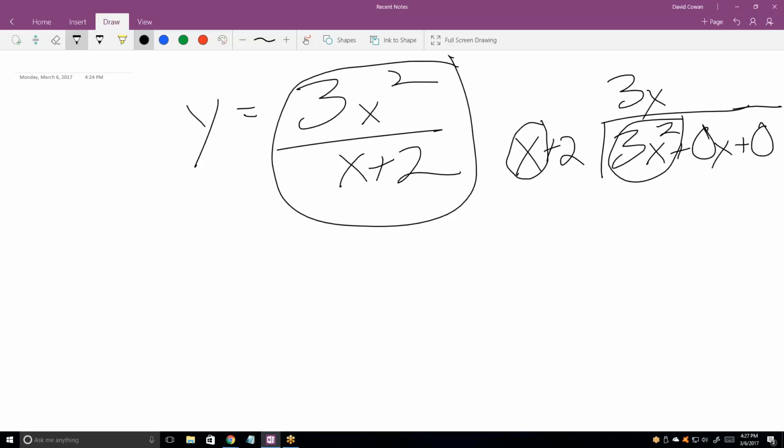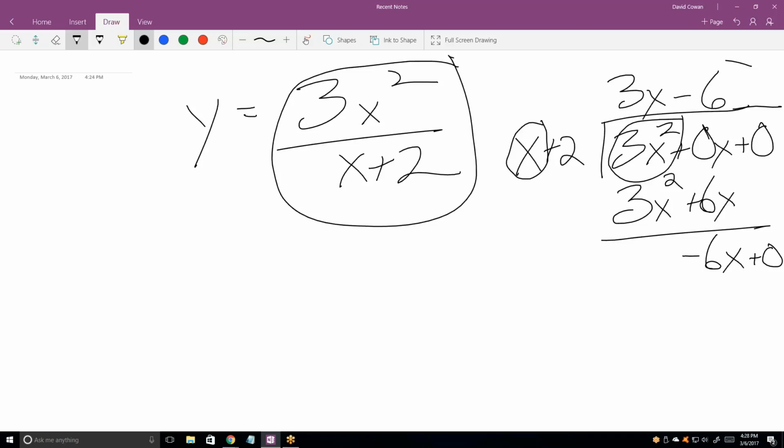Now you take that 3x and you multiply it by both terms. And like all long division, you then subtract. So I had to have that dummy variable there so that I could do this. So I get 0x minus 6x is minus 6x. Bring down the 0 and repeat. Okay, so then that would be minus 6.